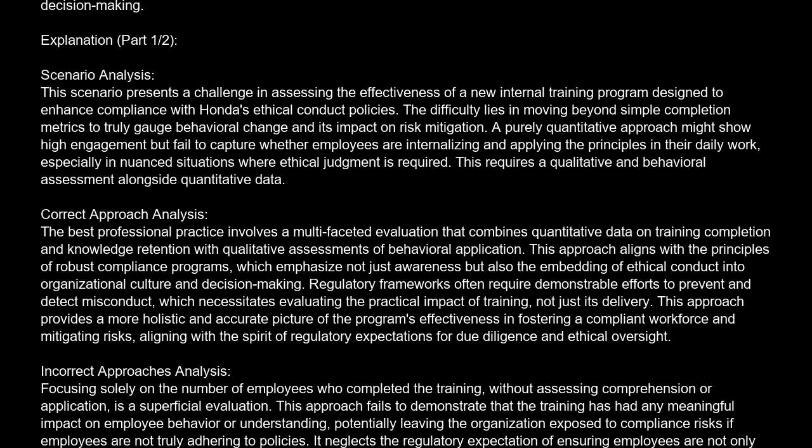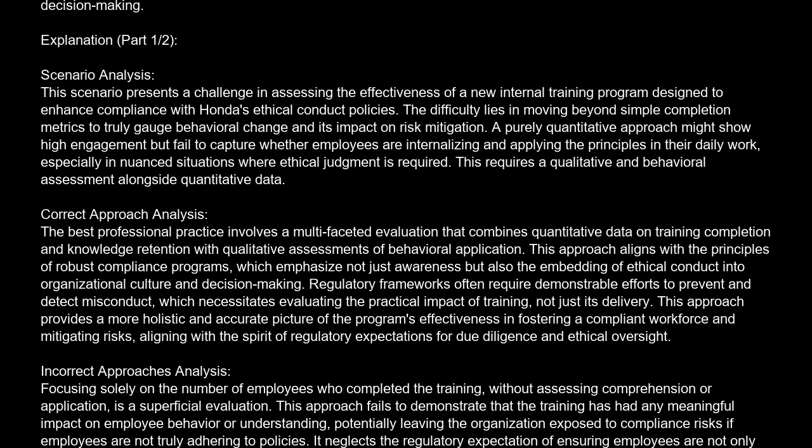Correct approach analysis. The best professional practice involves a multifaceted evaluation that combines quantitative data on training completion and knowledge retention with qualitative assessments of behavioral application. This approach aligns with the principles of robust compliance programs, which emphasize not just awareness, but also the embedding of ethical conduct into organizational culture and decision-making.